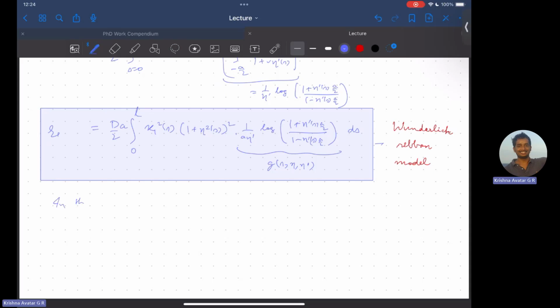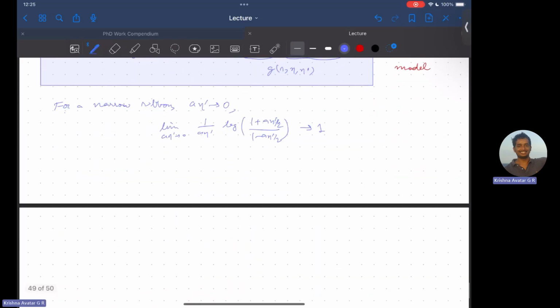and in the limit for a narrow ribbon, eta prime tends to 0, which implies that the limit of 1 by a eta prime log of 1 plus a eta prime by 2 over 1 minus a eta prime by 2 goes to 1. And then we recover what is called the Sadowsky model.